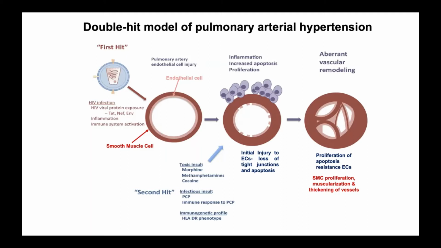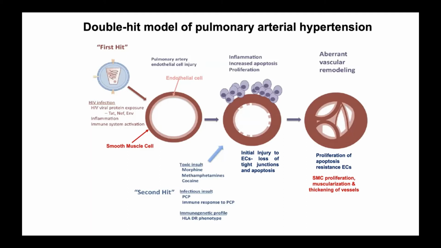The idea here, in the context of HIV infection, is that though it is known that drugs of abuse like morphine, cocaine, or methamphetamine can directly interact with endothelial cells and smooth muscle cells, there have been no reports suggesting that HIV itself can interact with endothelial cells or the vascular cells directly.